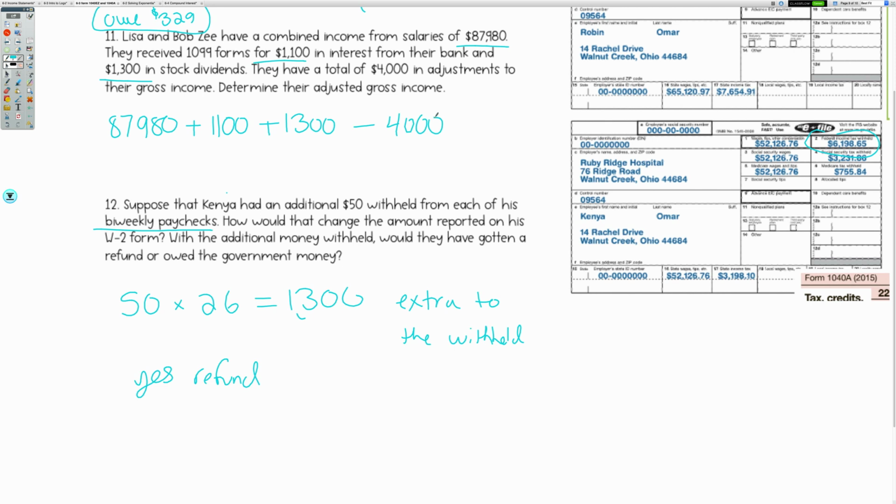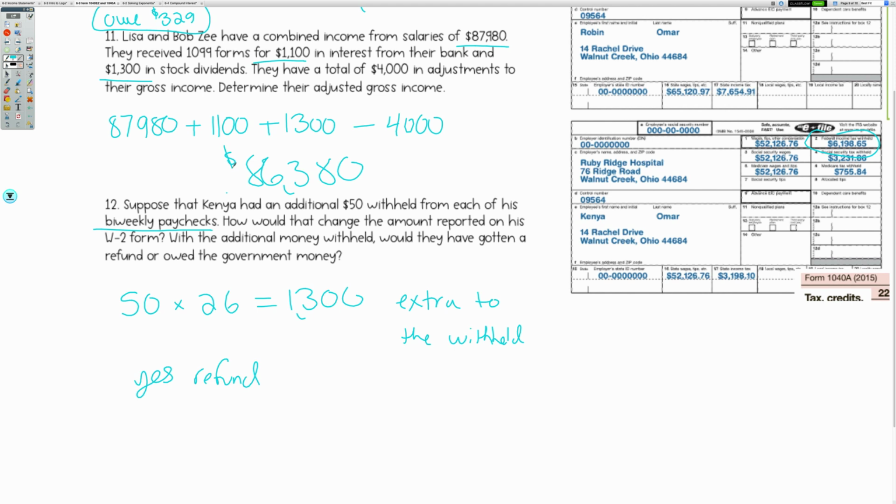So 86,380 is their adjusted gross income.